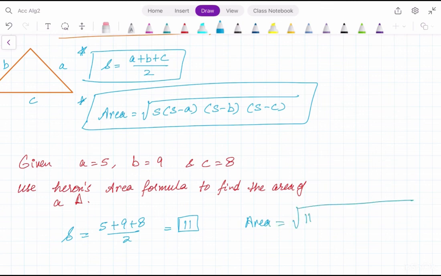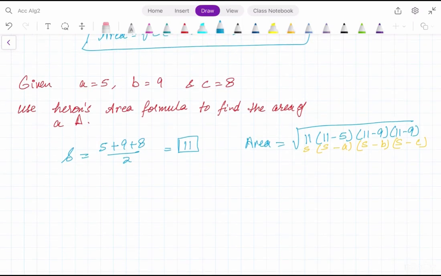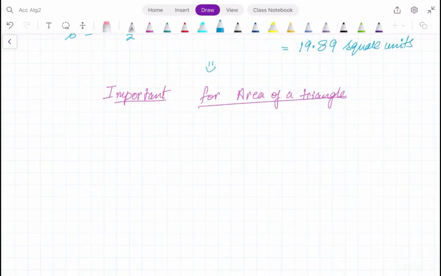So area is radical of 11 times 11 minus 5 times 11 minus 9 times 11 minus 8. I miswrote 11 minus 9. It should be 11 minus 8 because C is 8. If you solve it, you will get 19.89 square units. Because remember, area is represented in square units.